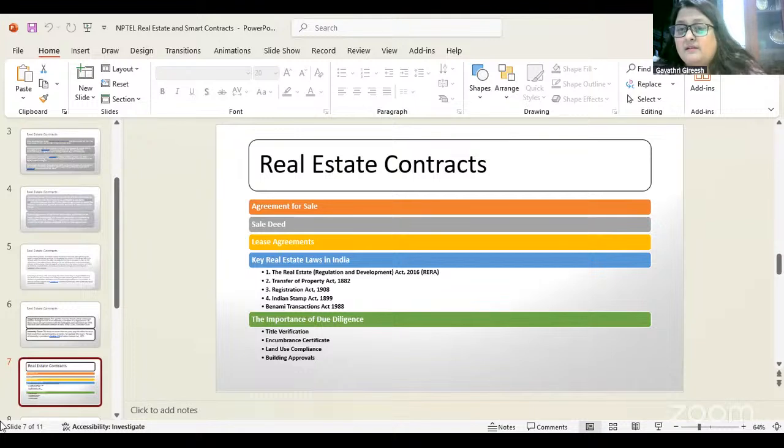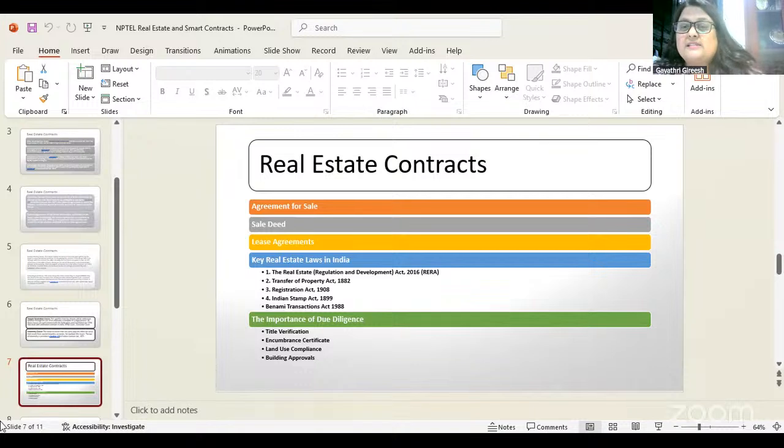These are the basic rules of land law, that when you are giving a land for any real estate transaction by the government, mostly the government prefers to give it on lease, because whenever there is a change of circumstances or a change of legislation, the government would require the land, and in the necessity of the land, the government has the power to take the land for the benefit of the society, a larger society, than for the benefit of a very private interest. So the government transactions mostly have lease agreements.